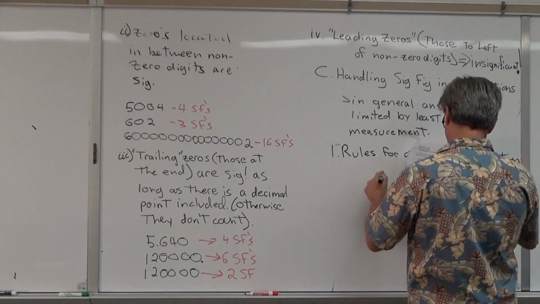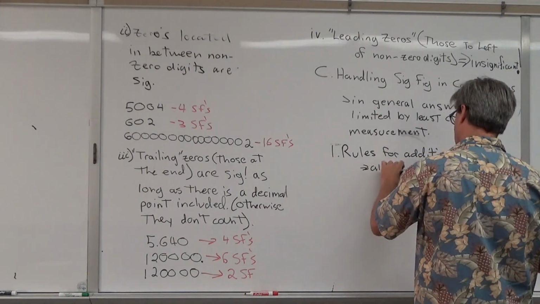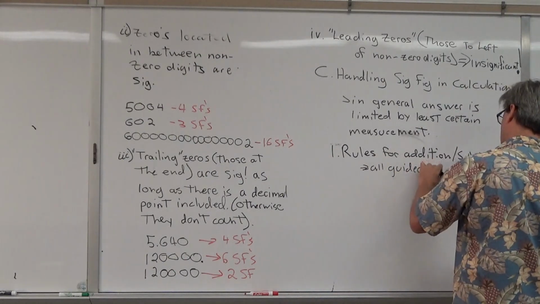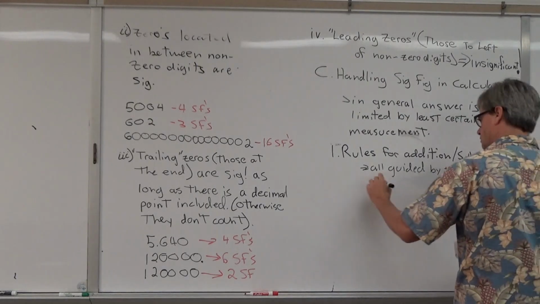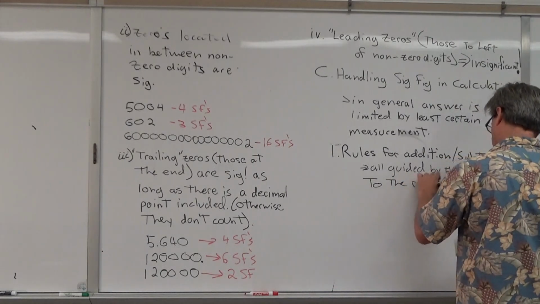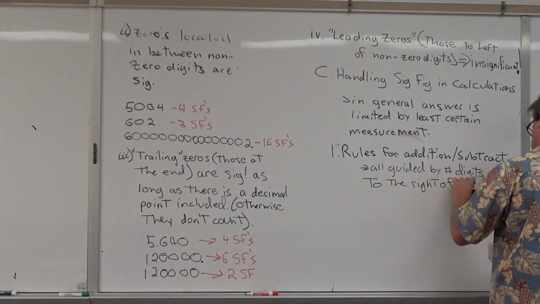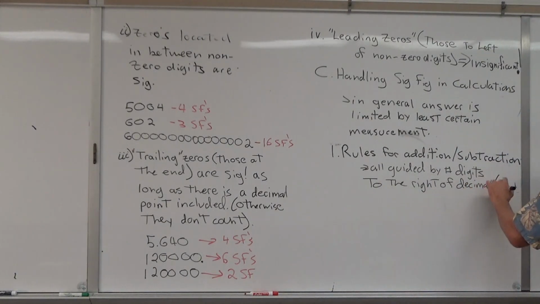The rules are all guided by number of digits to the right of decimal, from here on out called TRD. Not my best acronym.